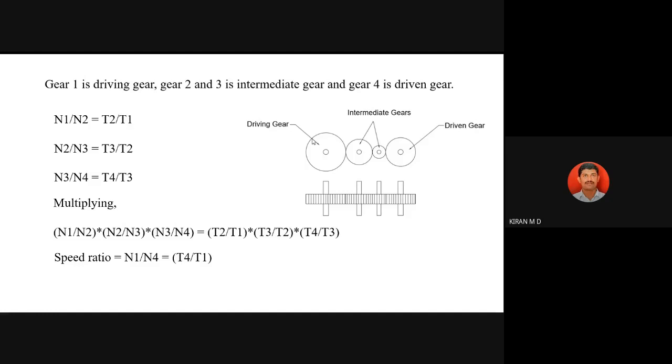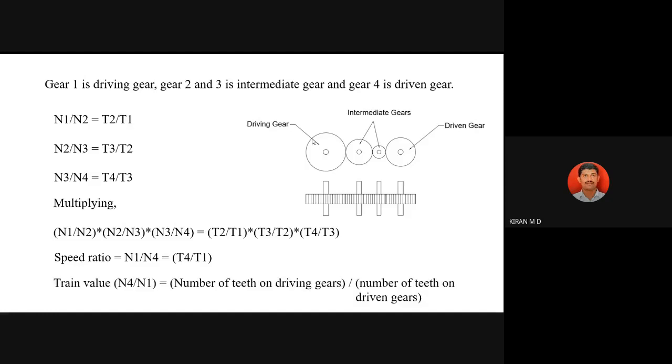This is the velocity ratio. If you want to find the train value, just vice versa, we use this equation: N4 by N1, means speed of driven divided by speed of driver, is equal to number of teeth on driving gear, T1, divided by number of teeth on driven gear. Is it clear?